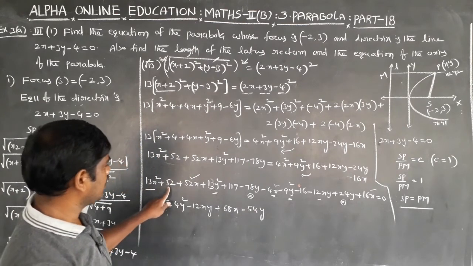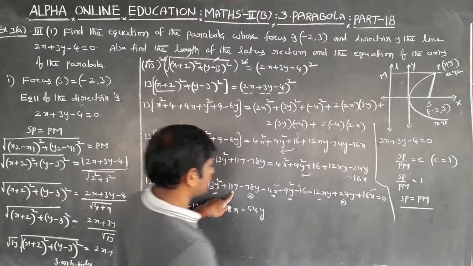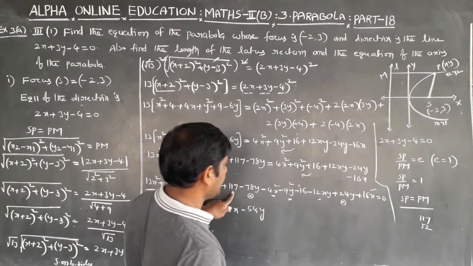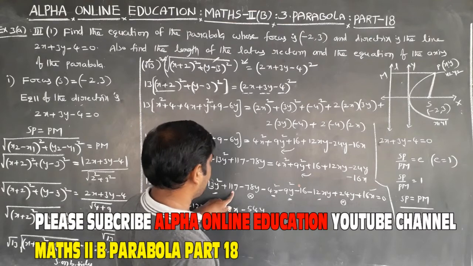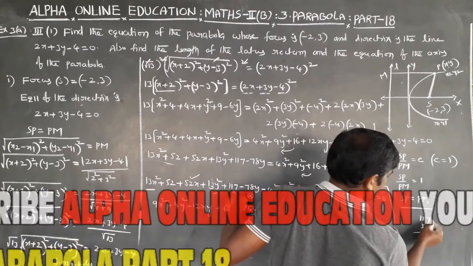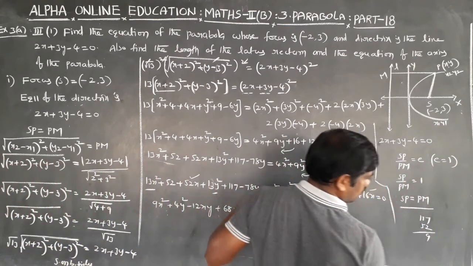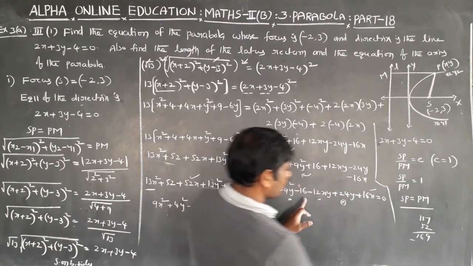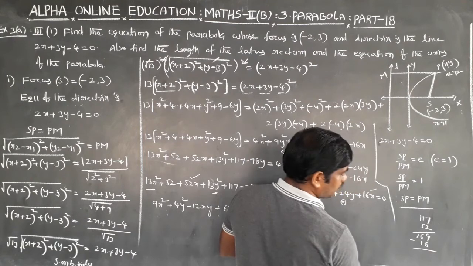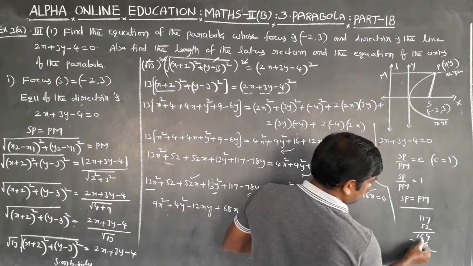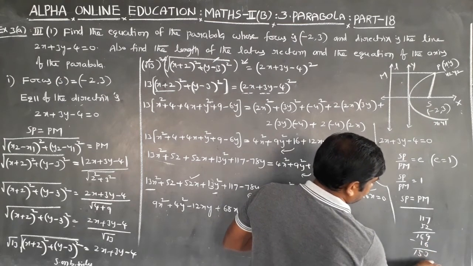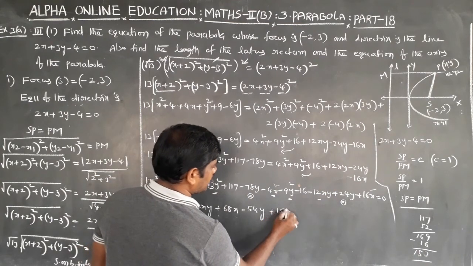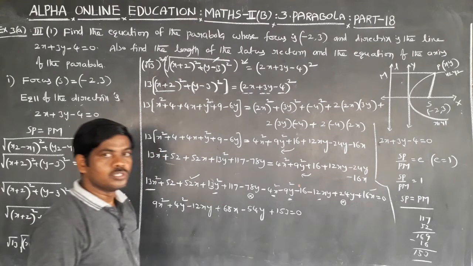Again, constant terms: 52 plus 117 plus 117 plus 52 plus 52. 117 plus 52 gives 169, minus 16 gives 153. Plus 153 is equal to 0.